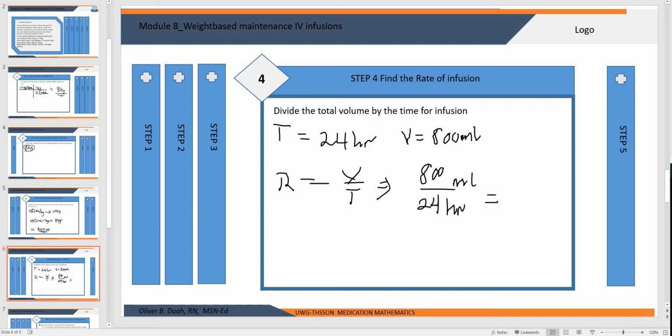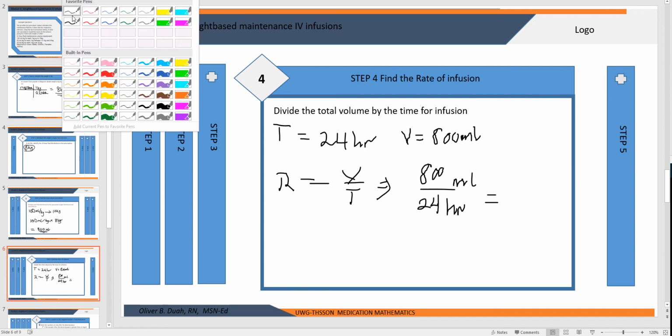Let's do this and see what we get. 800 divided by 24, and our rate is going to be, let me do this well, my pen is not cooperating.